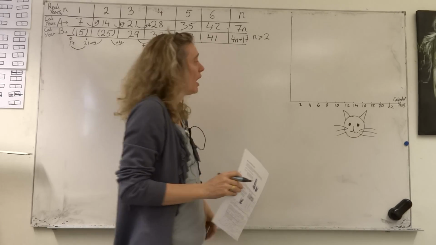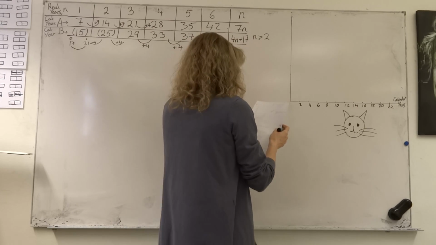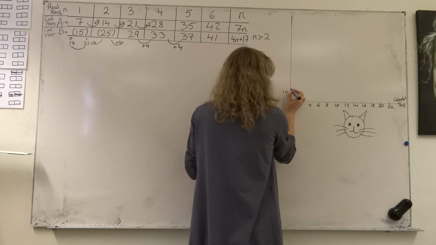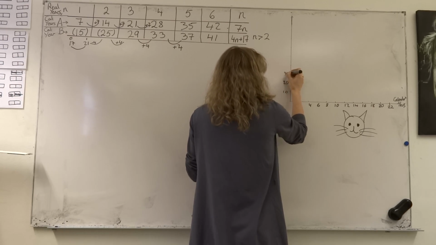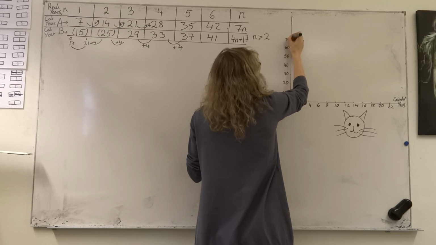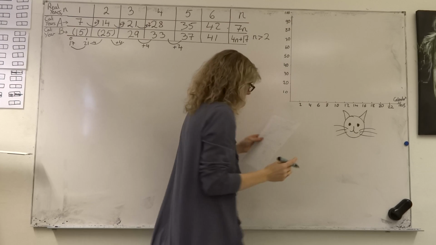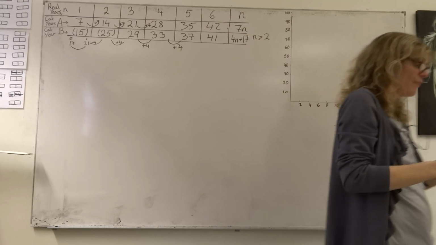Not unusual, but not much longer than that. 20 years is usually about the max. And then human years then. Well, let's say 10, 20, 30, 40, 50, 60, 70, 80, 90, 100. And we have to just plot a few points then.